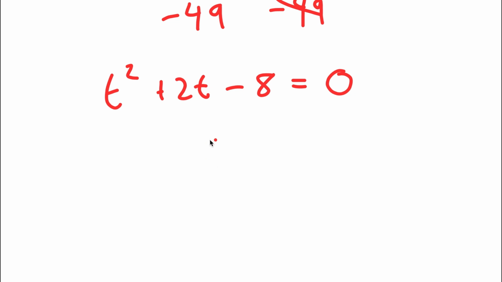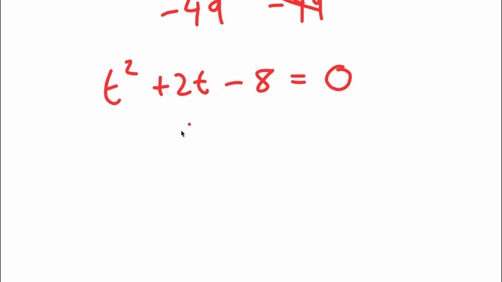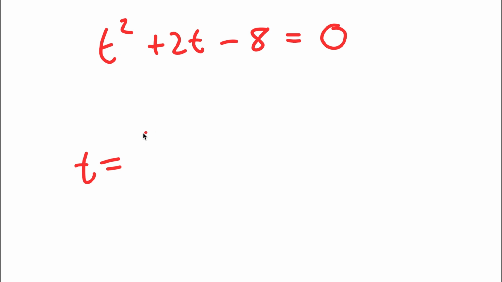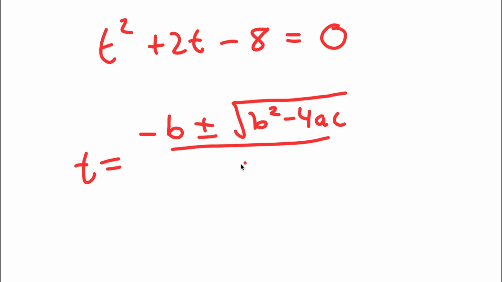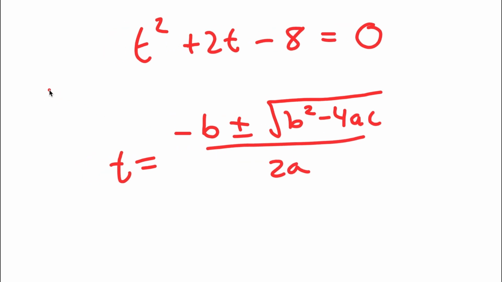Now from here, what we have is a quadratic equation. To solve this, I'm going to use the quadratic formula, which is negative b plus or minus the square root of b squared minus 4ac all over 2a. In this case, a is 1, b is 2, and c is negative 8.